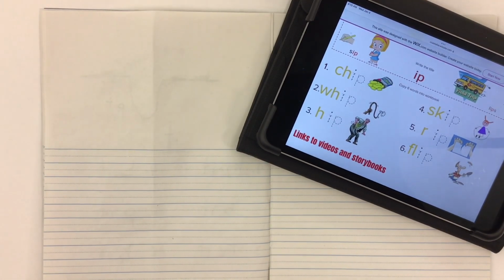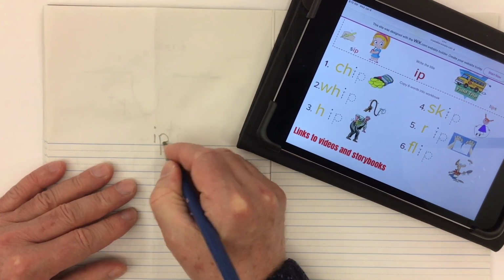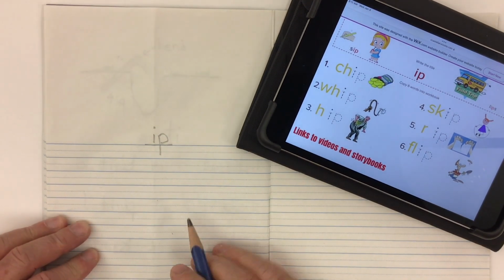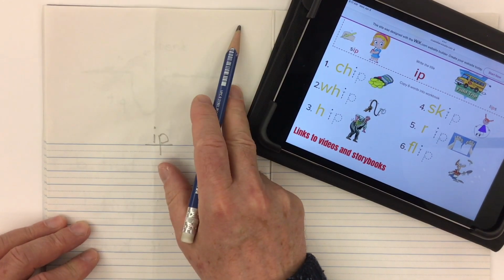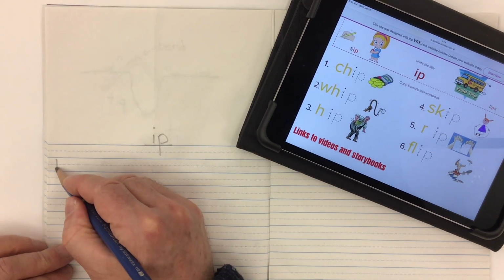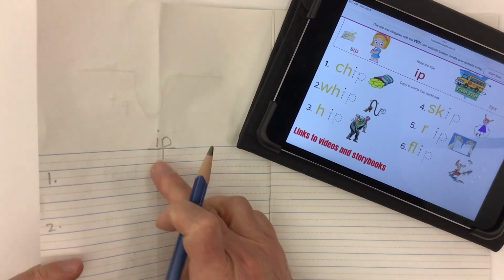Okay, this week we're looking at the words ending, word family of I and P, ip words. So there's our title for ip. Let's go ahead and put our date up at the top, put whatever the date is for you today. And let's go ahead and put our numbers down the side for our 6 words. 1, 2, and 3. I can see my fold line there.